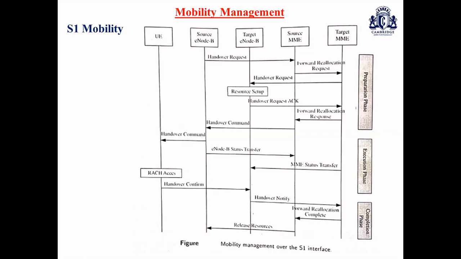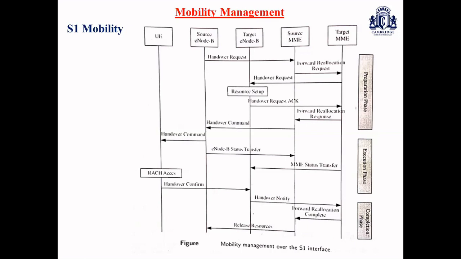When it comes to the next phase, the execution phase, the UE receives handover commands. Once it receives them, it responds by performing various RAN related procedures using the random access channel.